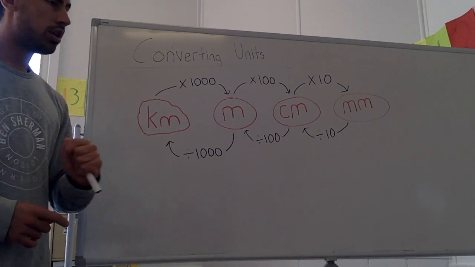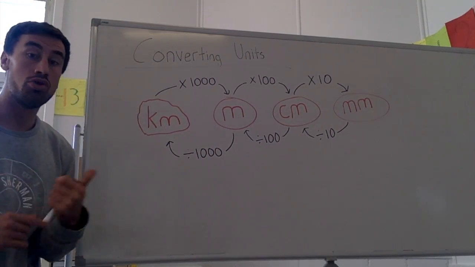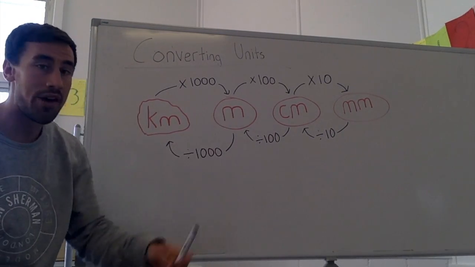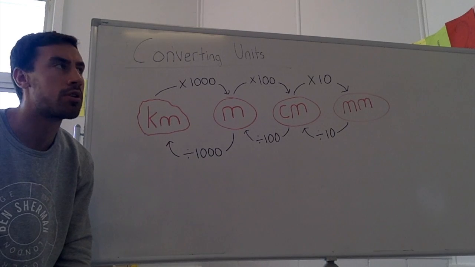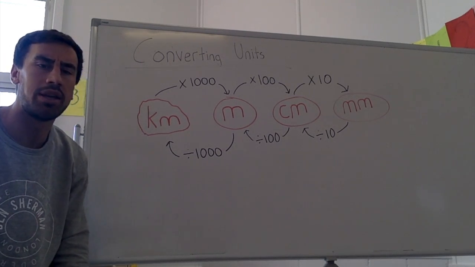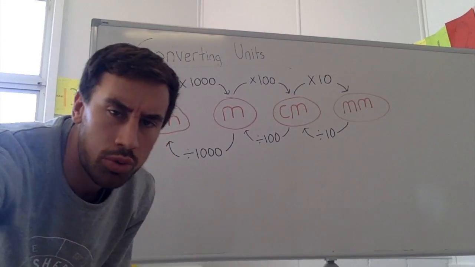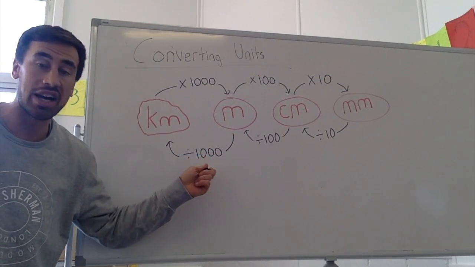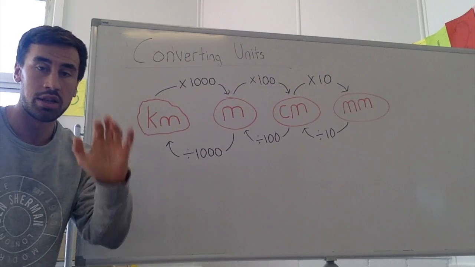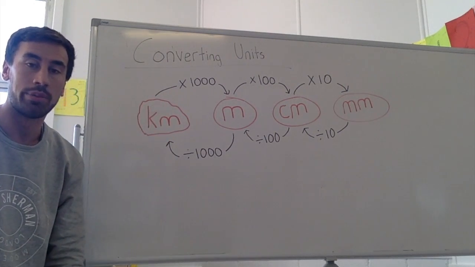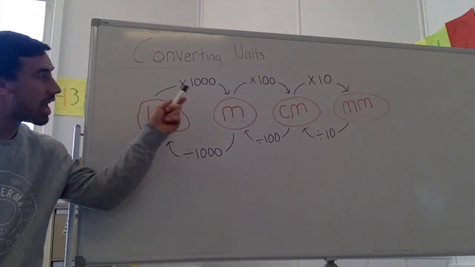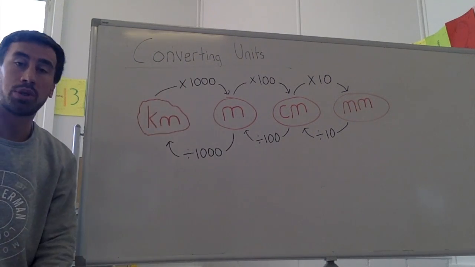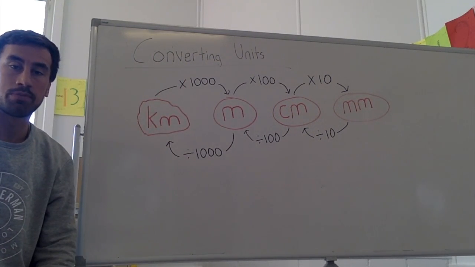So, if you were to say you ran 5,000 metres, what is that in kilometres? What you'd do is you would go 5,000 divided by 1,000, which gives us 5 kilometres. So that is how we convert between units.